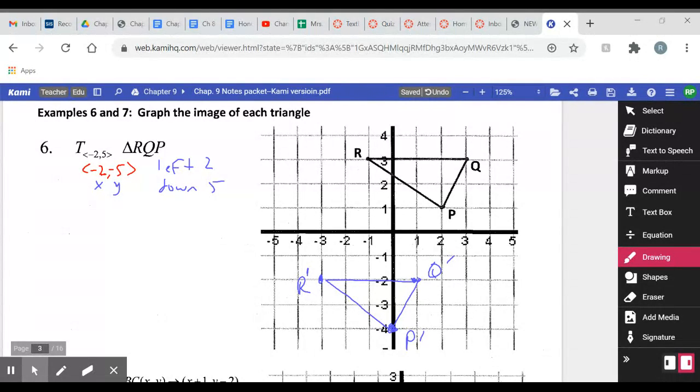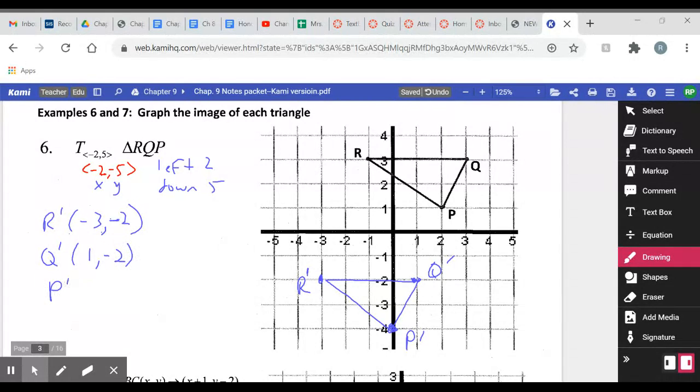And so we're often going to say what our new ordered pairs are. So if I go and say, okay, well, my new R is now at -3, -2. And my new Q is at 1, -2.